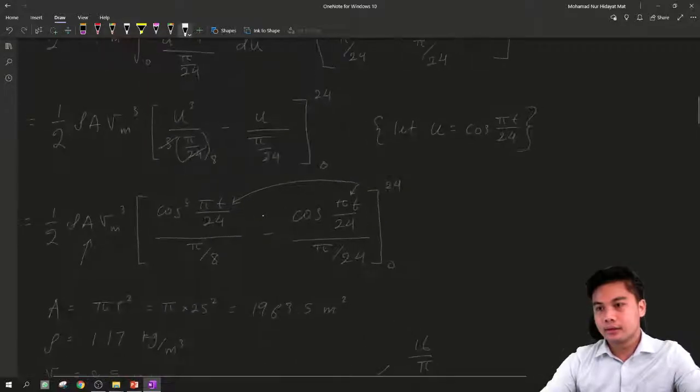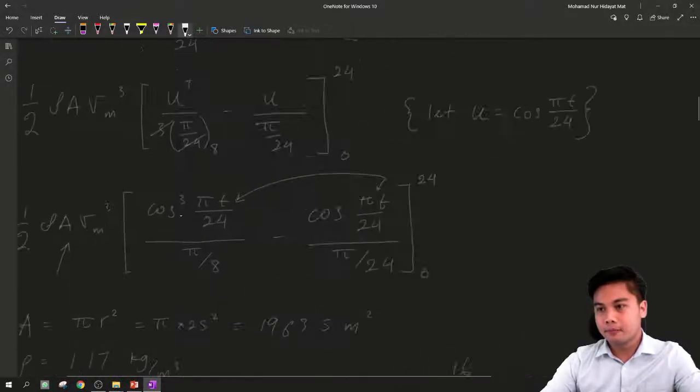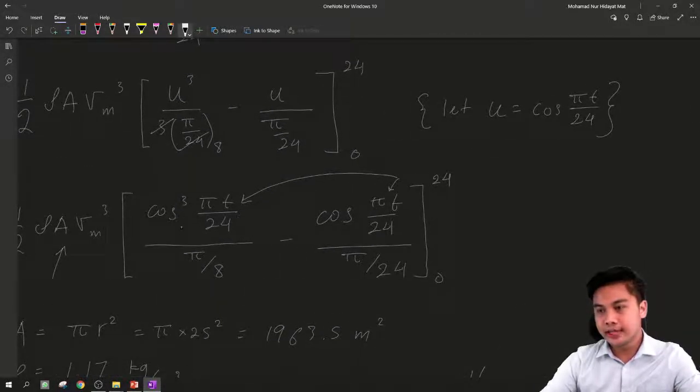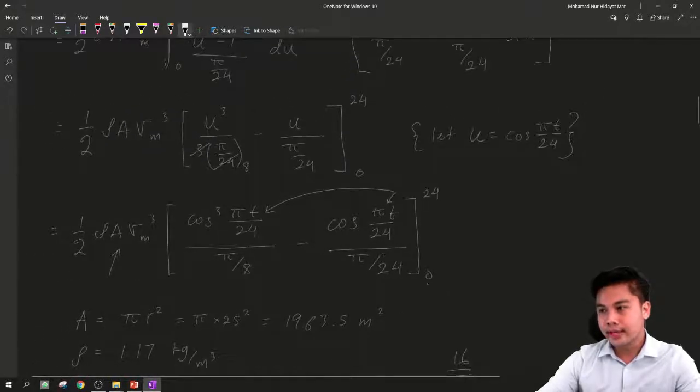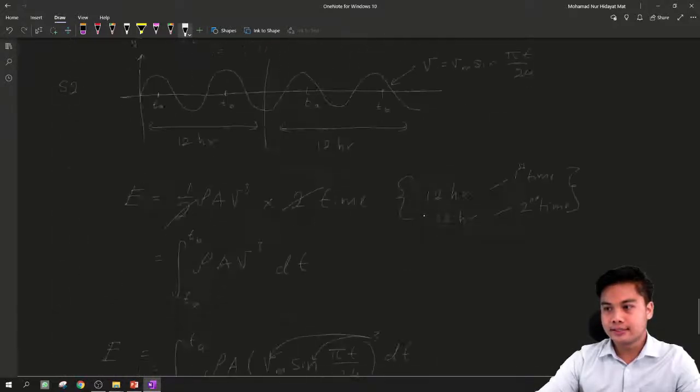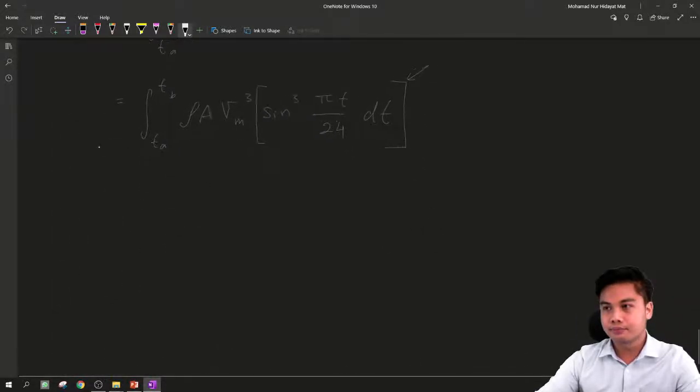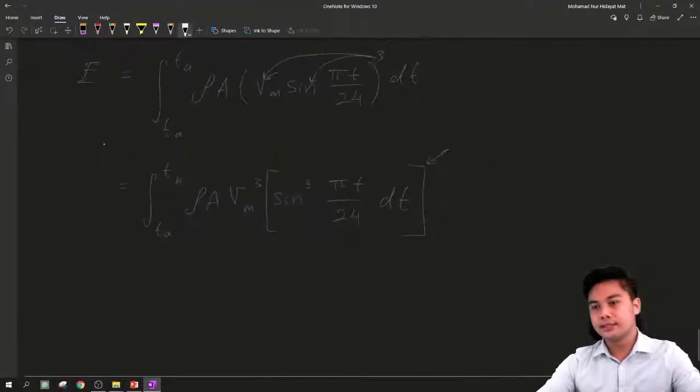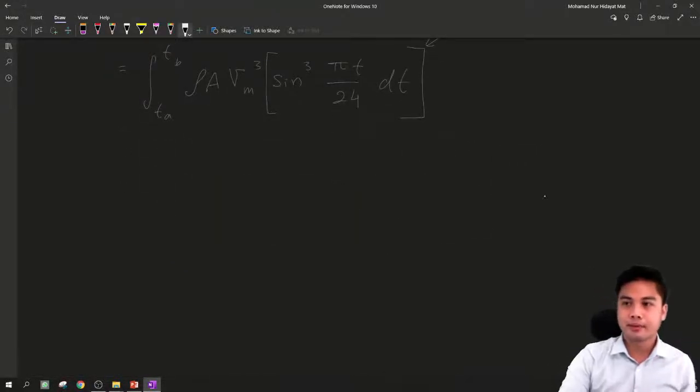This is the final form: the integration of sine cubic gives cos cubic pi t over 24 over pi over 8, minus cos pi t over 24 over pi over 24, from time A to time B. We don't have to waste much of our time.